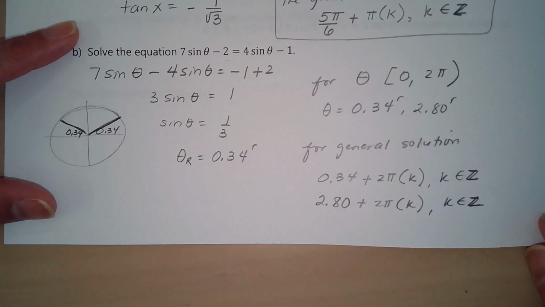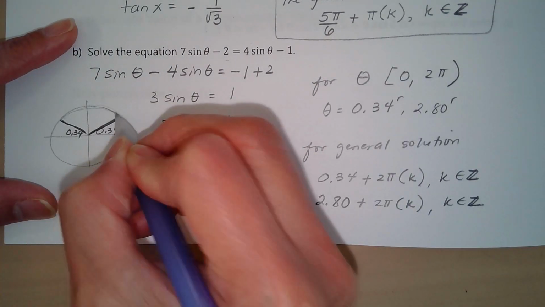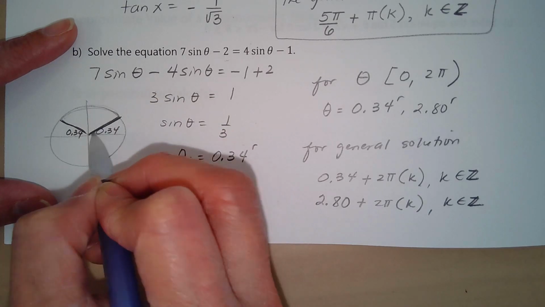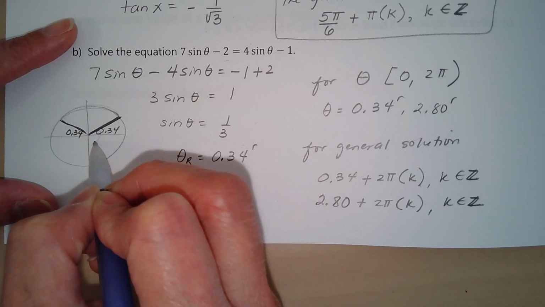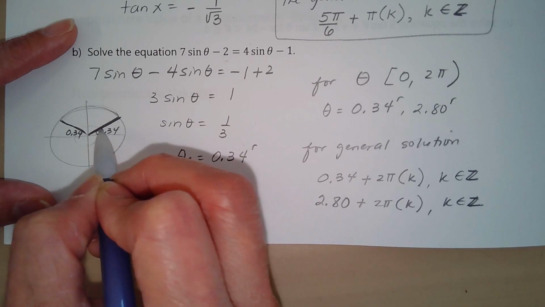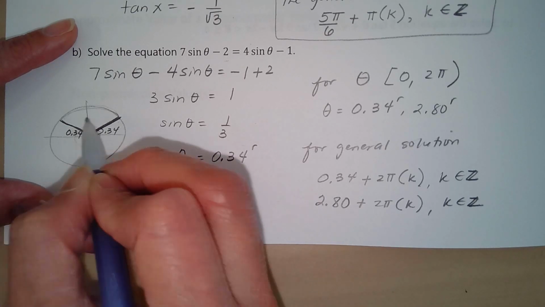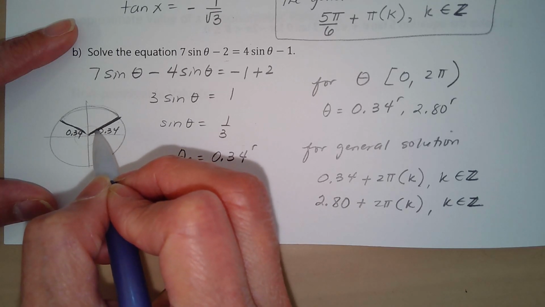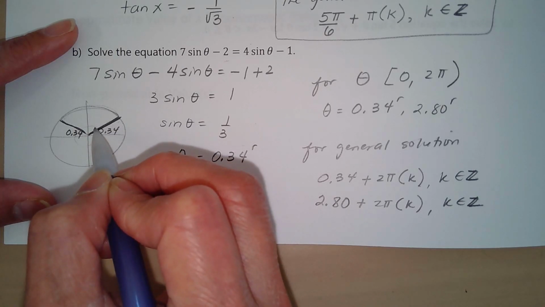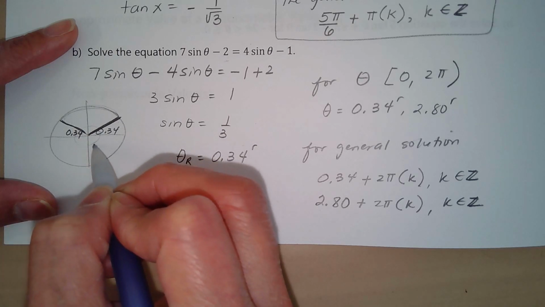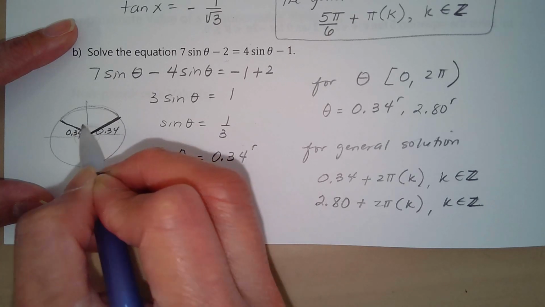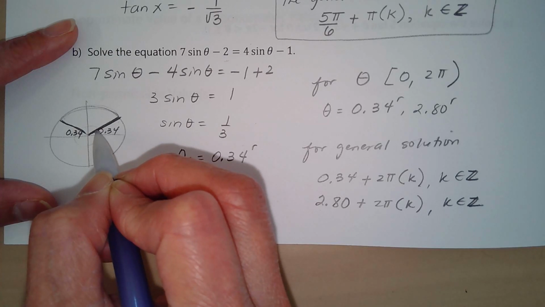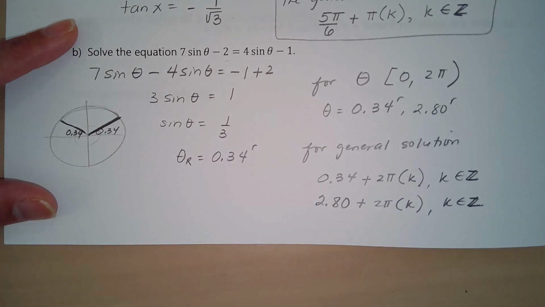2 pi. So if you're over here, to get back to that same terminal arm, you have to go around 2 pi. And if you go 2 pi, you're going to get to that part. This is where you start, and then you're going 2 pi, but negative 2 pi, so turning it this way, then you're going to get that negative angle there. Is that okay?